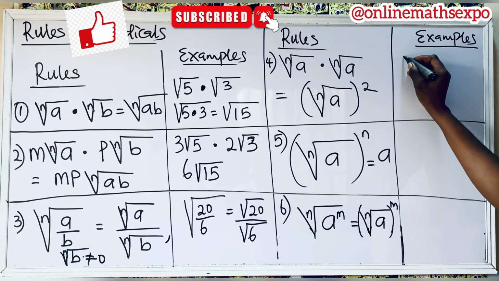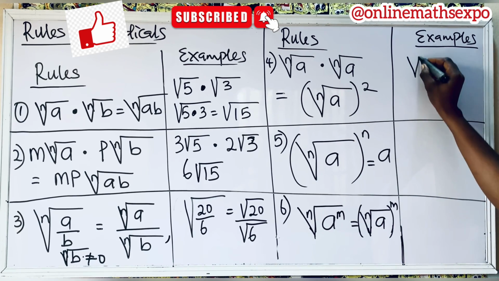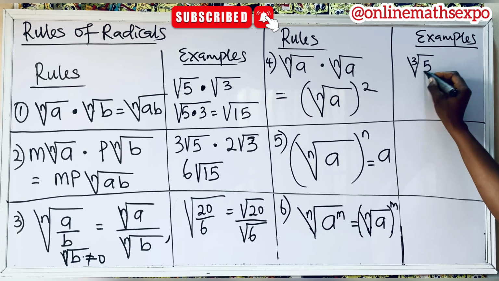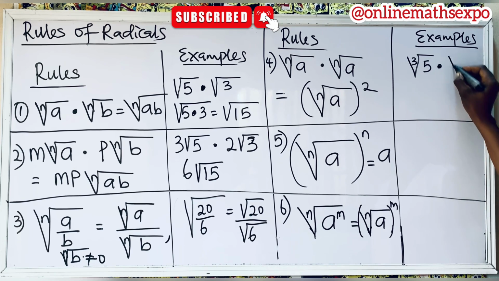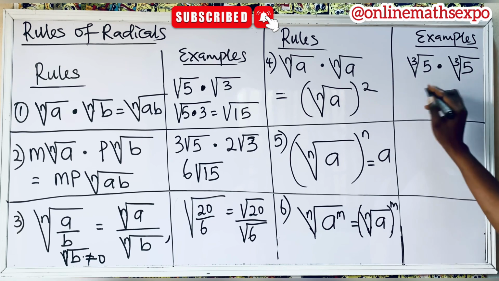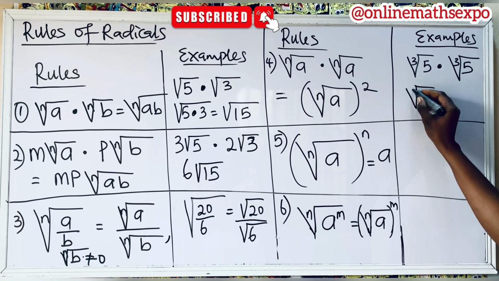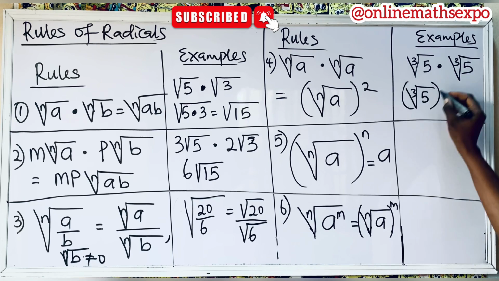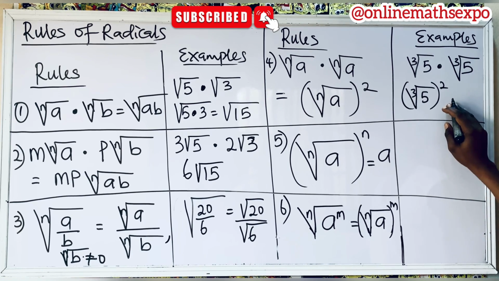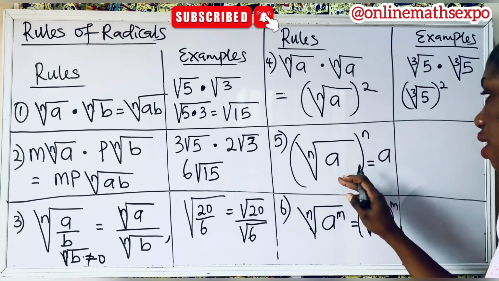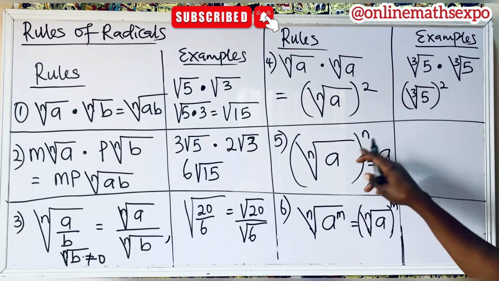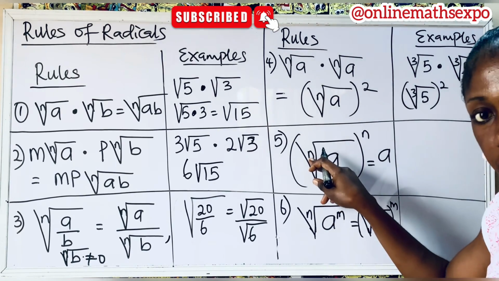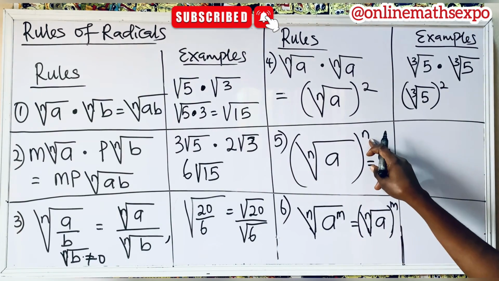So you can have an example like when you have the cube root of, let's say, 5 multiplying the cube root of 5. When you have this, you can simply say the cube root of 5 raised to the power of 2. Okay, that is for that. Now you can also have this here. You have the index is the same as this also.